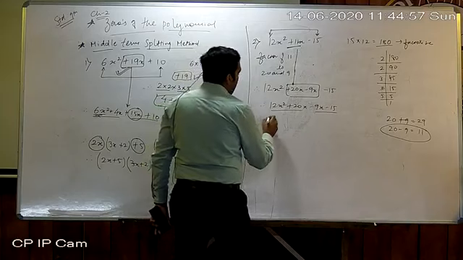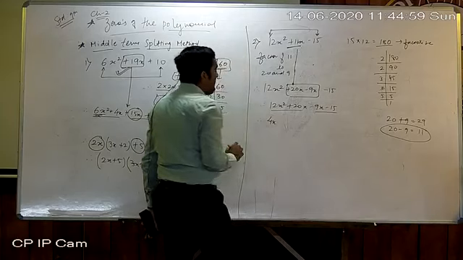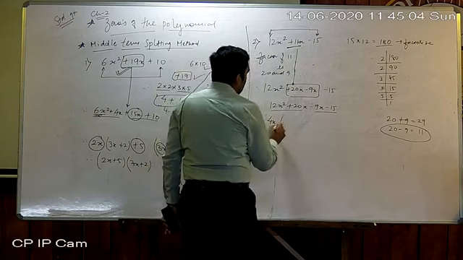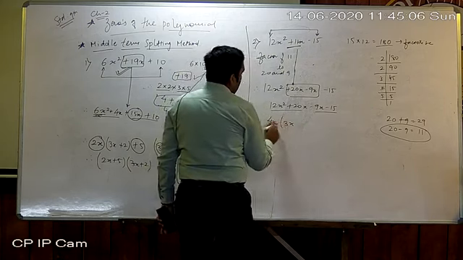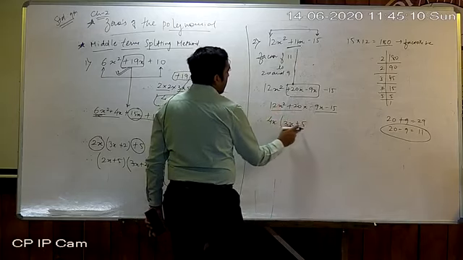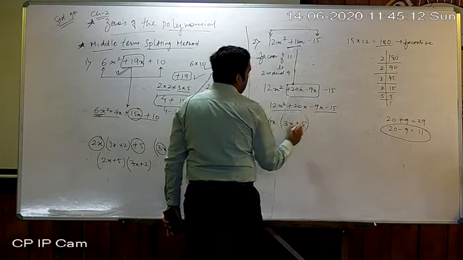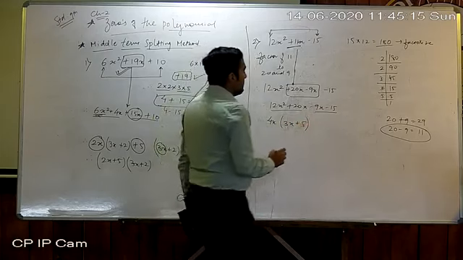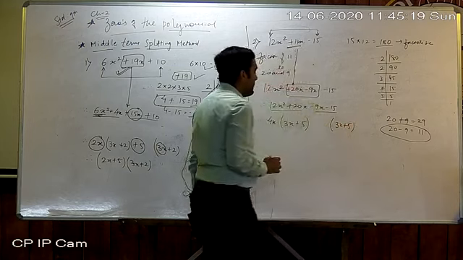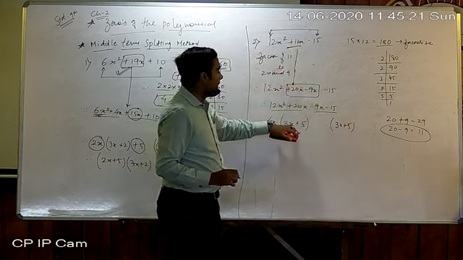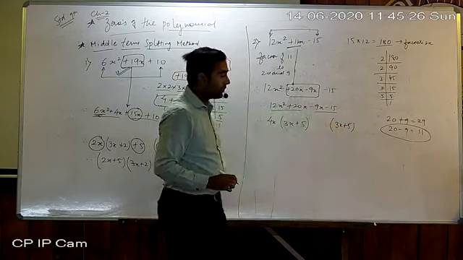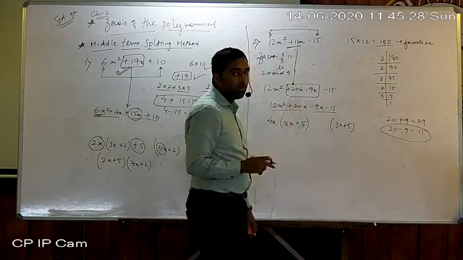Now I will take 4x as common from the first two. So the remaining numbers are 3 times 4 is 12, x into x, x square, and 5 times 4 is 20, 20 into x, 20x. Okay, and 3x plus 5. Write the same bracket, 3x plus 5, for the second two terms.